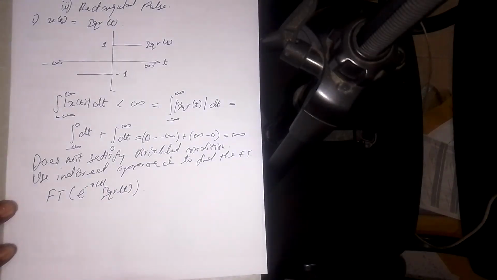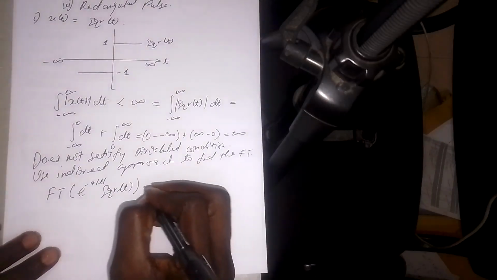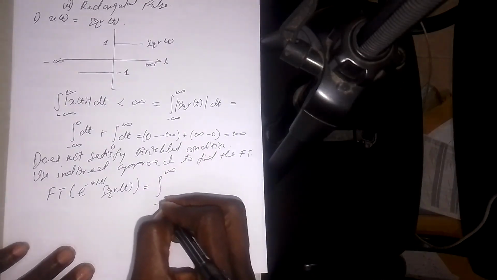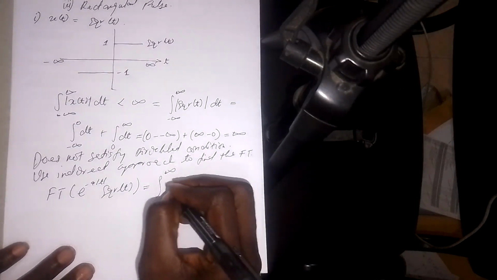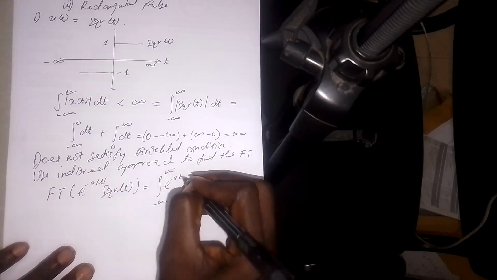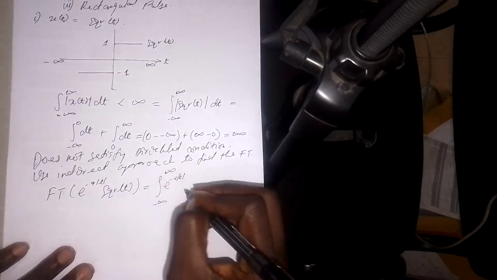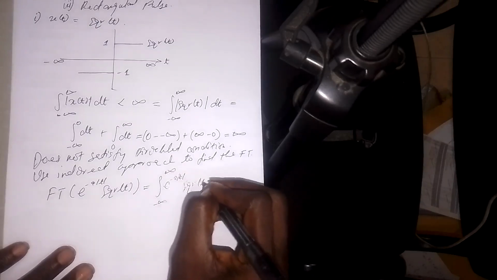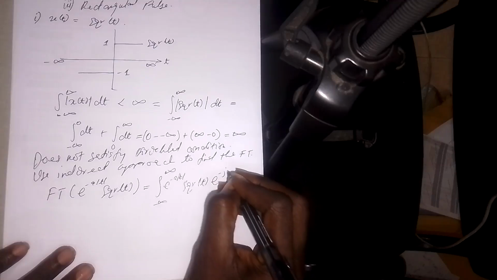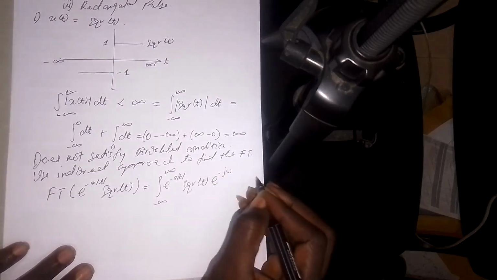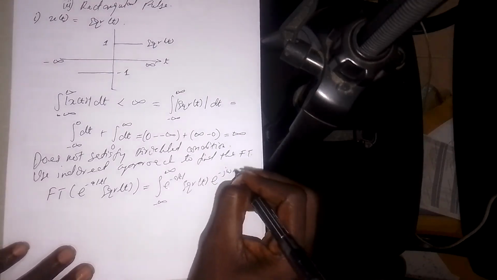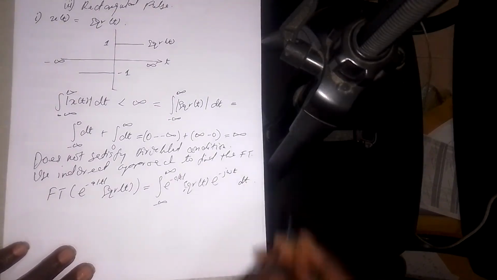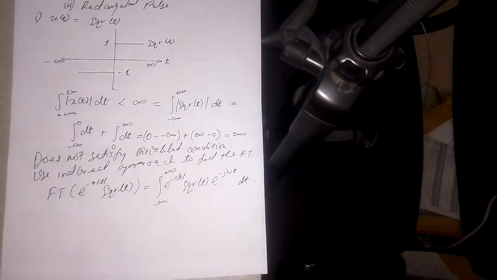So we have the integral from minus infinity to infinity of e to the minus a mod t, times the square wave of t, times e to the minus j omega t, dt. This is what we're going to have.